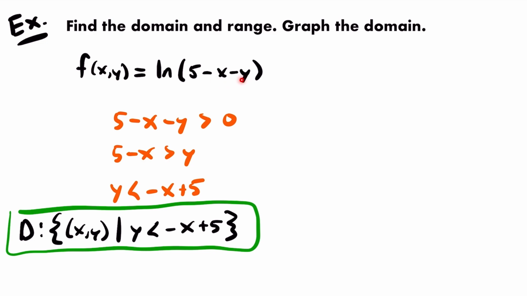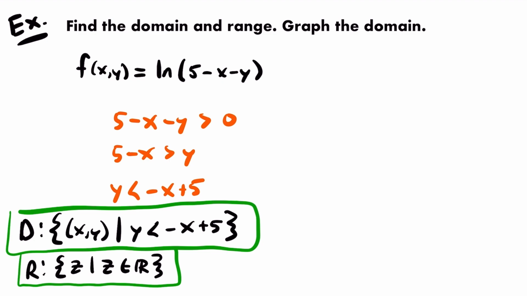It doesn't matter what values of x and y you plug in, as long as they are in the domain, the output of this multivariable function could be any value of z. So the range here is the set of all values of z such that z belongs to the real numbers. Or once again, you could write that as z greater than negative infinity but less than positive infinity. But this is the way that I prefer to write it.